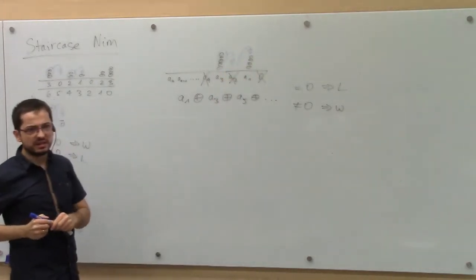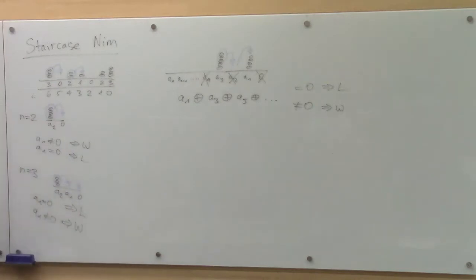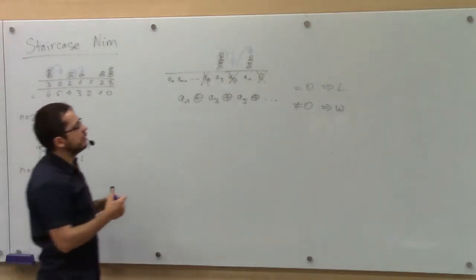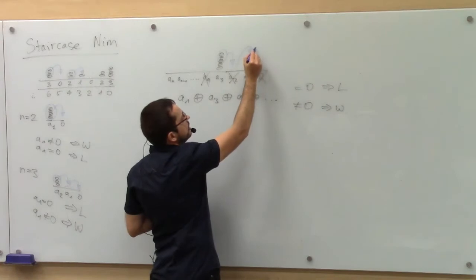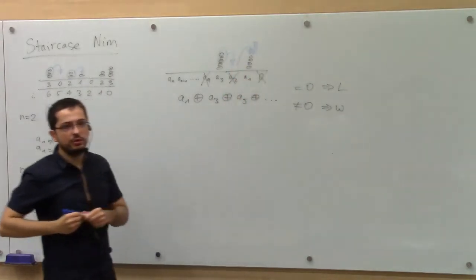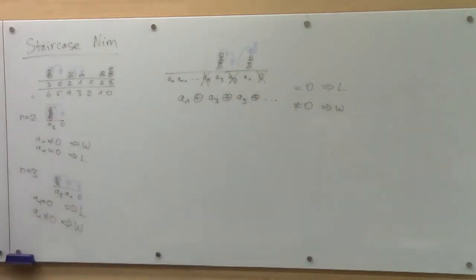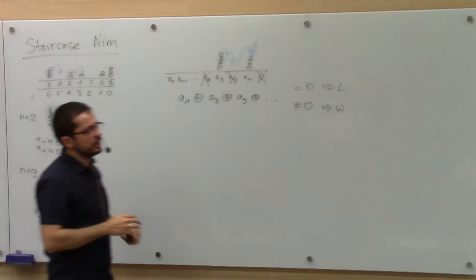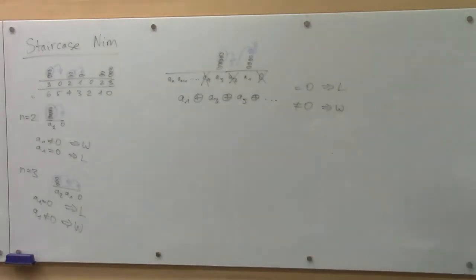So actually this is not the same as Nim, because here we have moves which introduce new coins on the stacks. This looks like Nim, but we have additional moves in which not only can we remove coins from stacks, but we can also put some additional coins on the stack.